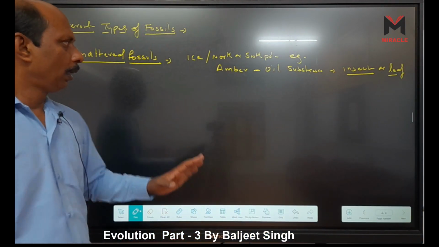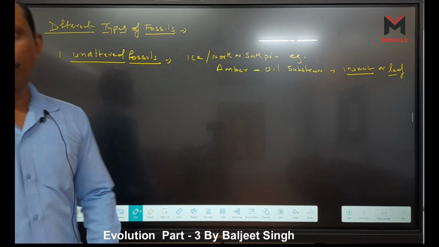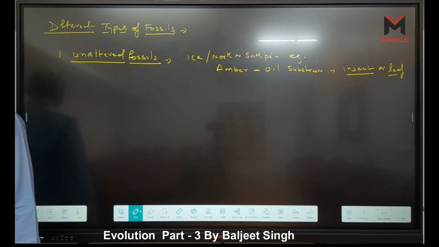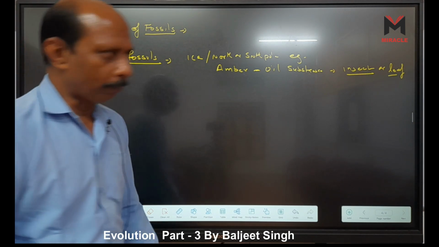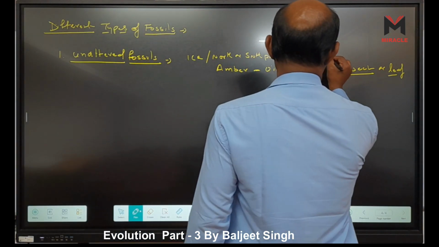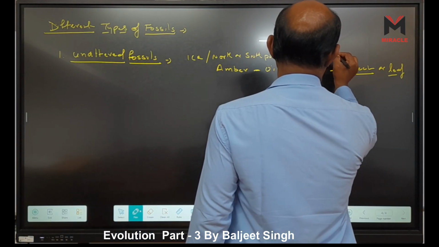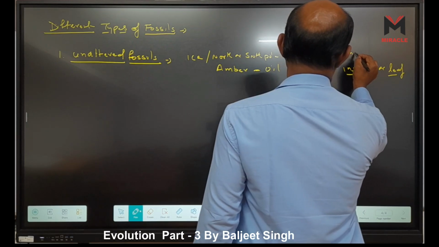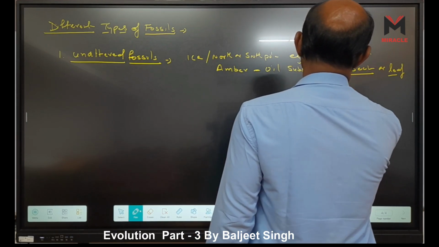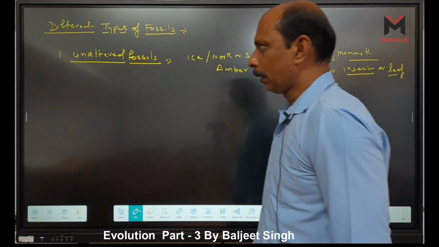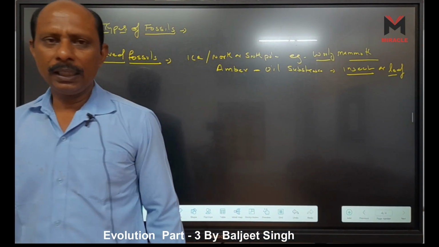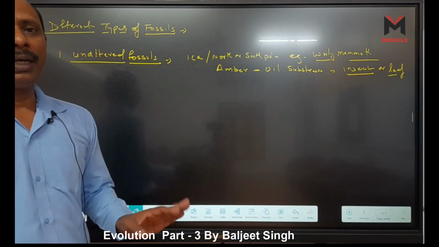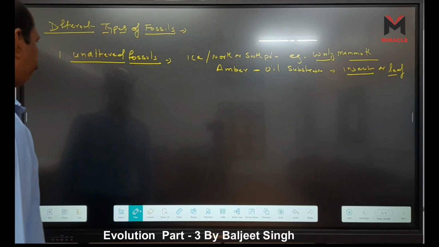And in ice, an example is the woolly mammoth. These are unaltered, meaning they remain as they are. There is no degradation, no decaying in them.